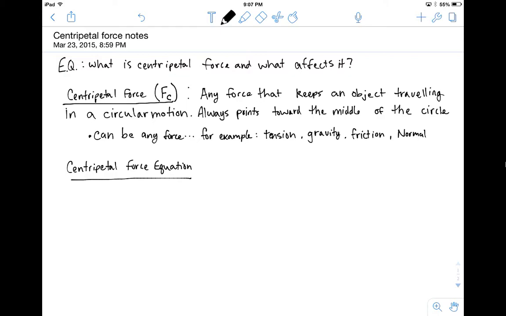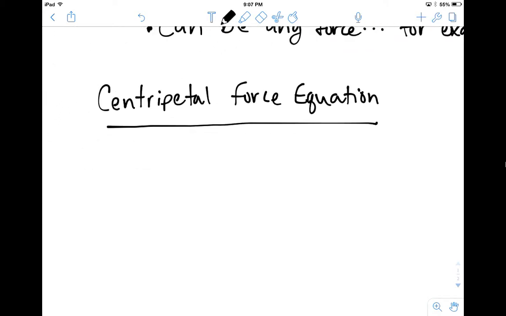Now the equation is actually fairly simple. There's really only three parts of it. But I'm going to go ahead and zoom in here. And here's our equation. FC, so remember FC is centripetal force, is going to be equal to mass times velocity squared divided by radius.